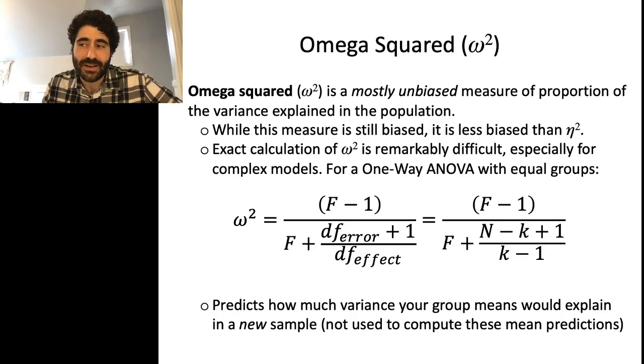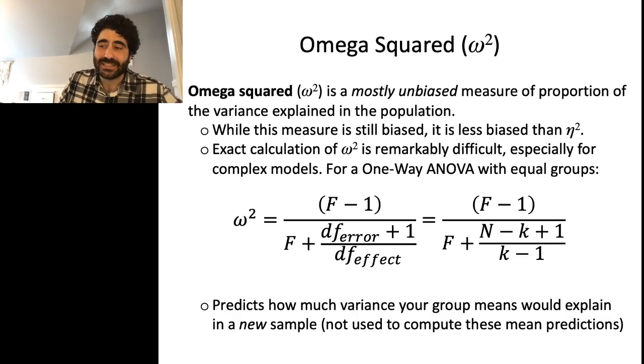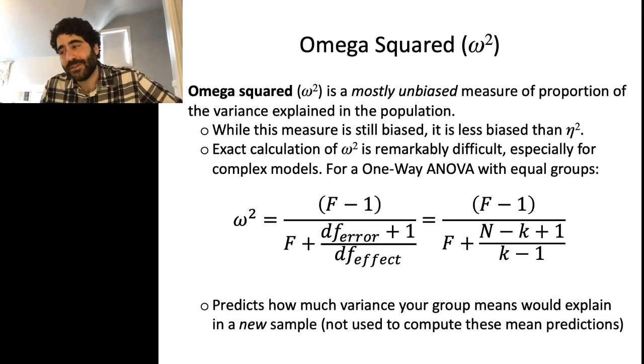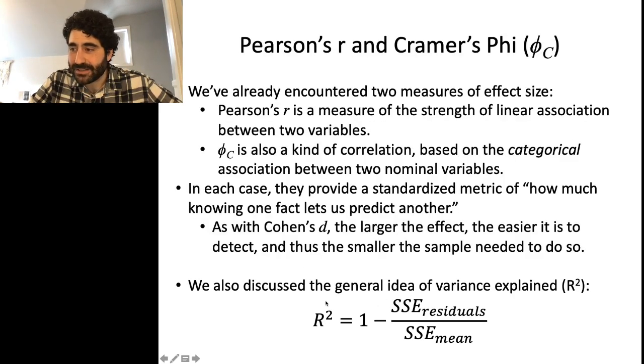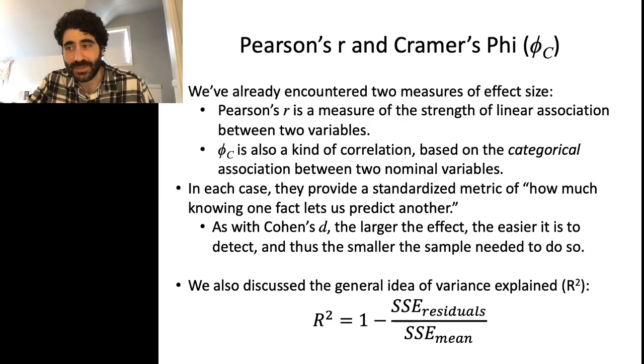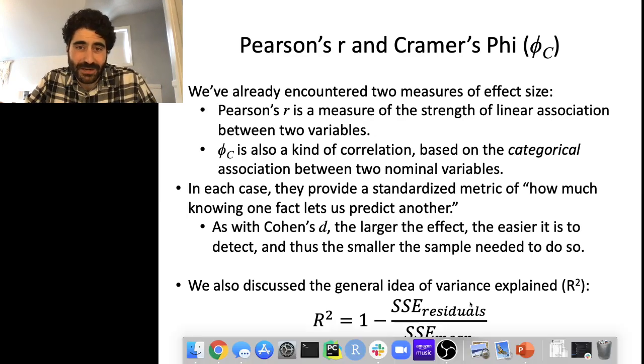Another thing you can do here is actually predict variance in a new sample, right? We could do something sort of like this equation here, where in some new sample, we make some predictions, we see how big the residuals are in that new sample that we didn't use to actually compute these means, and then we can measure how well we do, right?